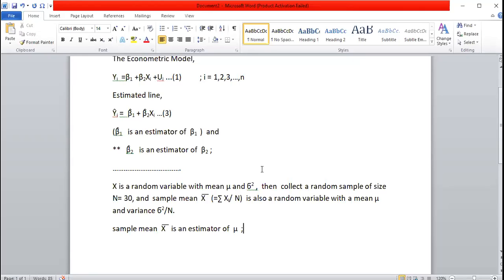Remember, sigma square is not known. Can you use an unknown thing to give an idea about another unknown thing?